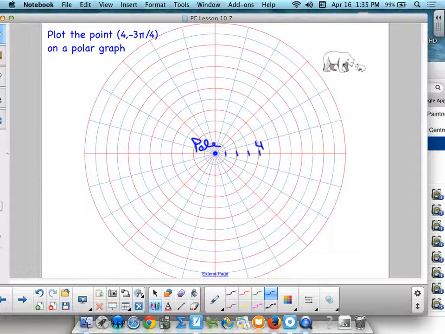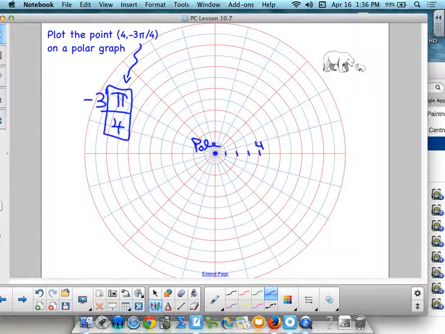Now if I were you, I'd go 4, that's the radius, start at the pole, go out 4, then look at the angle. It was negative. Which way am I going to go now? Clockwise. I have to go clockwise that far. First of all, what is this right here? That's just a 45, right?